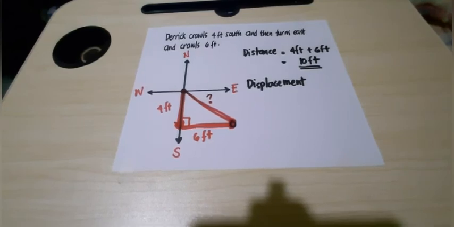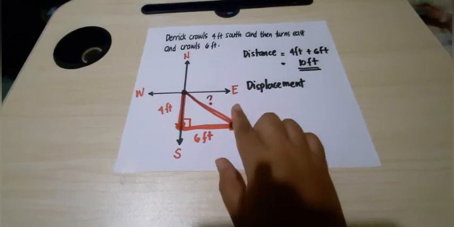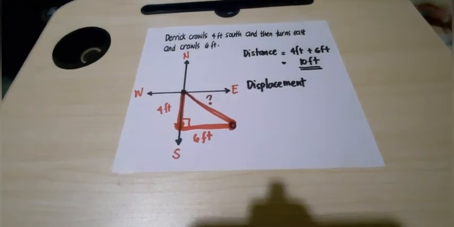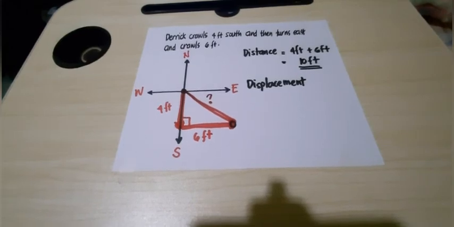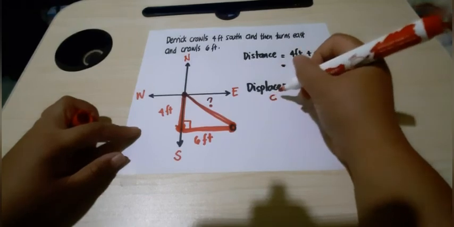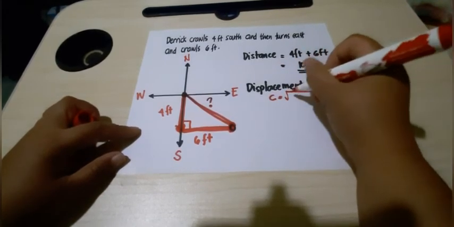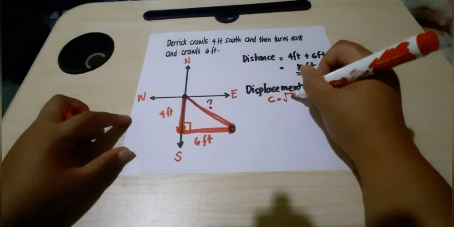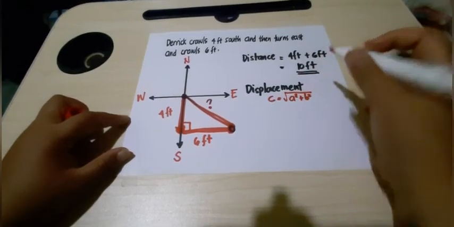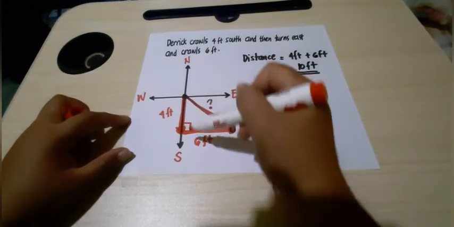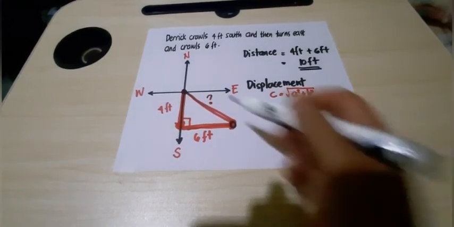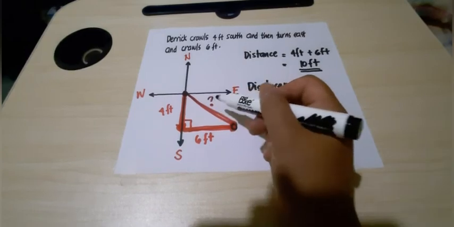To find the displacement in this situation, we are going to use the Pythagorean theorem, in which the formula is: the hypotenuse, c, equals the square root of a squared plus b squared, where a and b are the legs. The c here is the longest side of the right triangle.